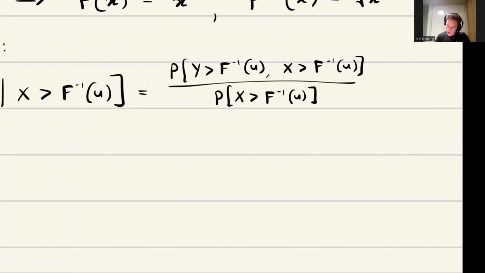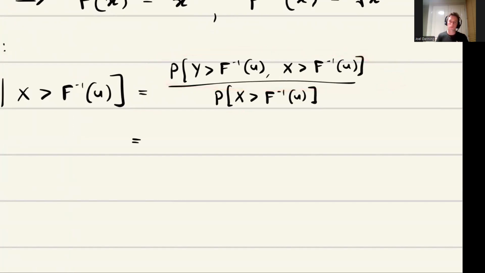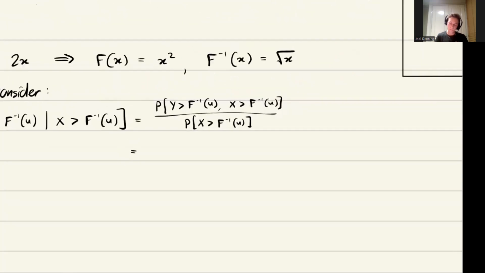Okay, and immediately we run into a bit of trouble here because obviously this top thing is not in a computable form currently by hand, right? The CDF needs less than or equal to, not greater than. So we need to figure out a way to rewrite this in terms of CDFs instead.